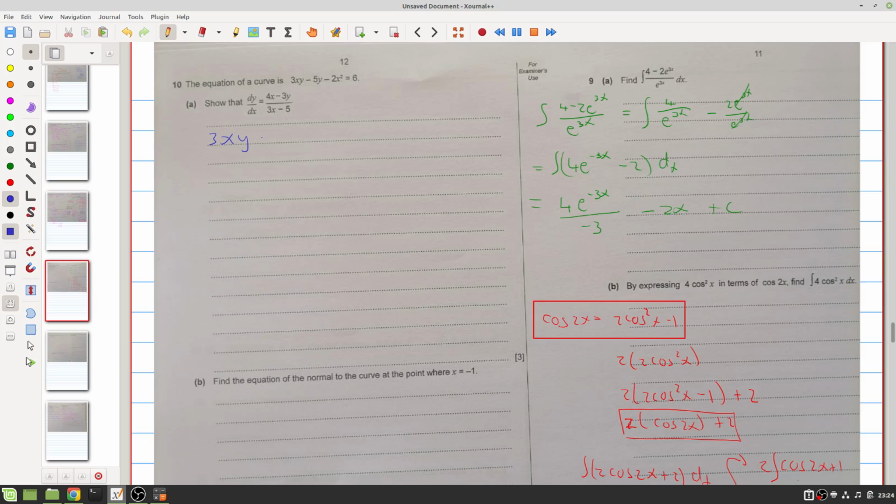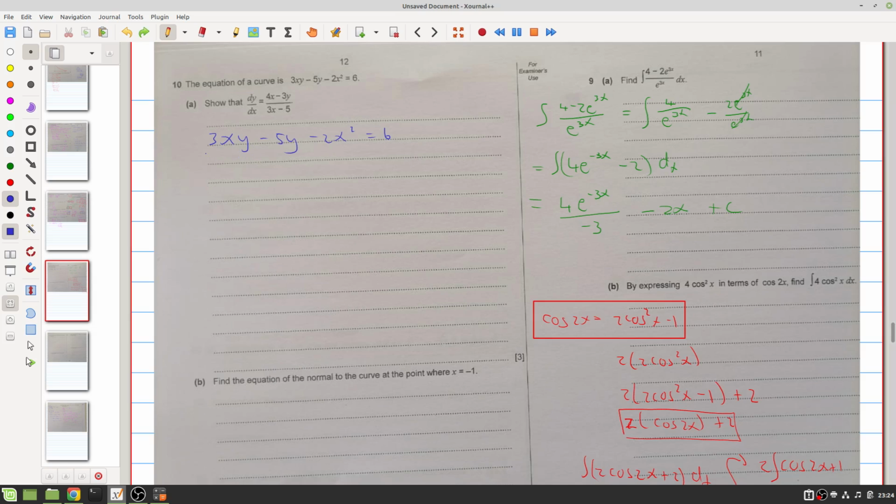So 3xy minus 5y minus 2x squared equals 6. We want to differentiate each of these terms with respect to x. Since it's implied that y is a function of x, that's where the idea of implicit differentiation comes from. So this will be a product rule because we've got one function and another function, a 3x and a y.